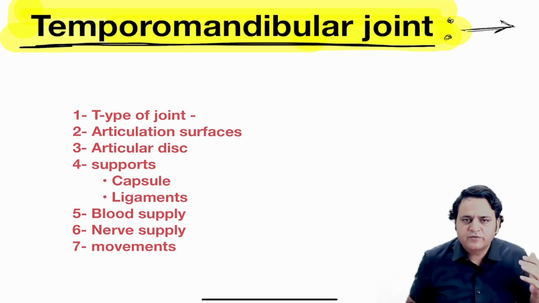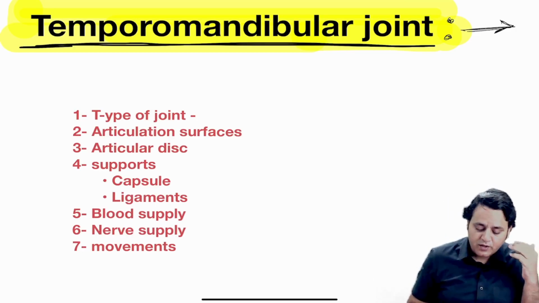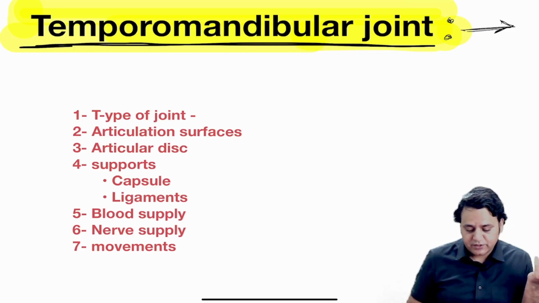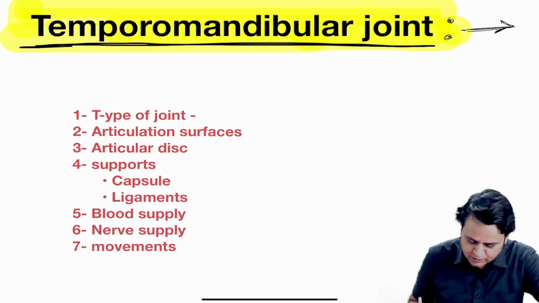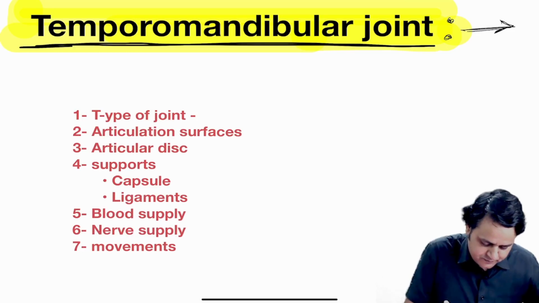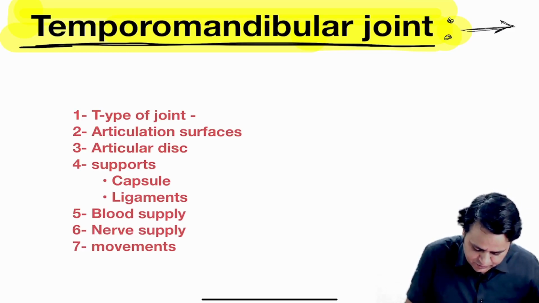So let's start with the temporomandibular joint. As you know, the temporomandibular joint is a condylar variety of synovial joint. This is the condylar variety of synovial joint.